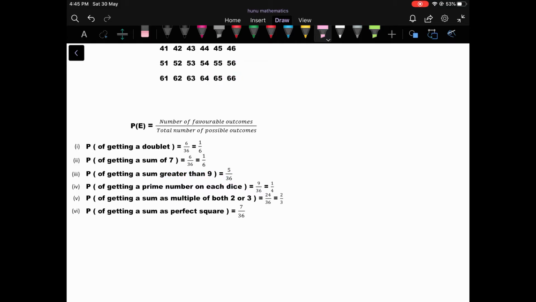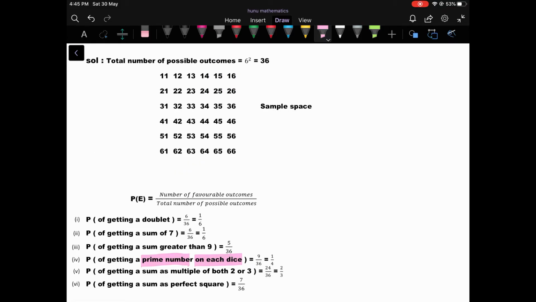Next, the probability of getting a prime number on each dice. So from the sample space, 2 2, both are primes. 2 3, both are primes. 2 5, 3 2, 3 3, 3 5, 5 2, 5 5, 5 3. So altogether we have 9 such outcomes. So the probability is 1 by 4.